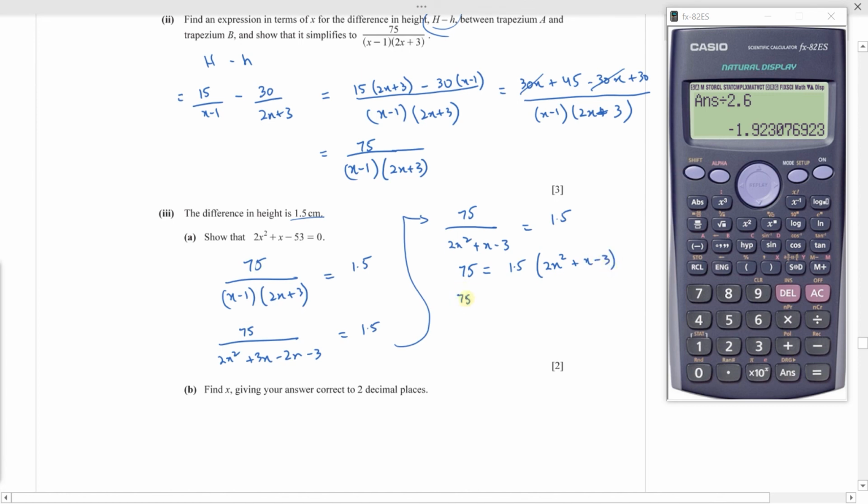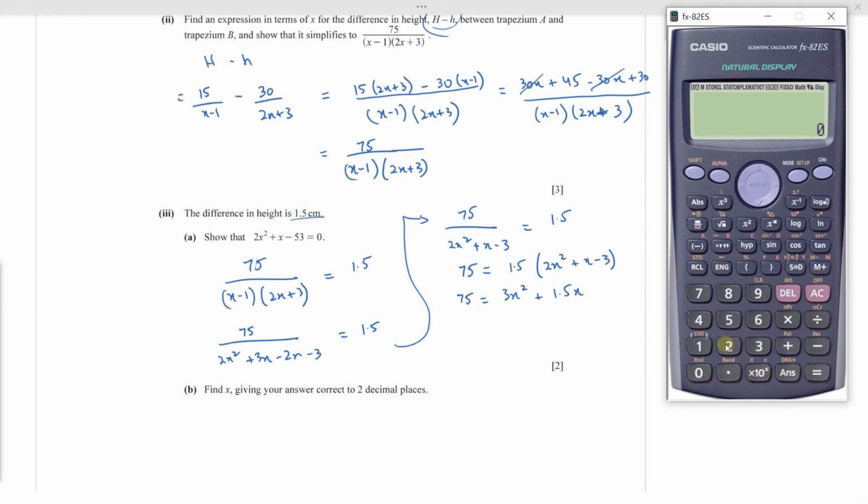So now let's open this bracket. 1.5 into 2 is 3. So this will be 3x squared plus 1.5x, and then 1.5 into 3 is 4.5. So this will be minus 4.5.